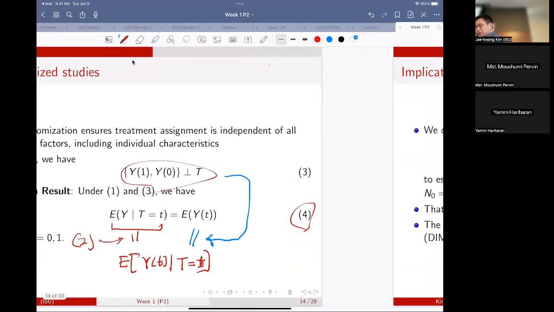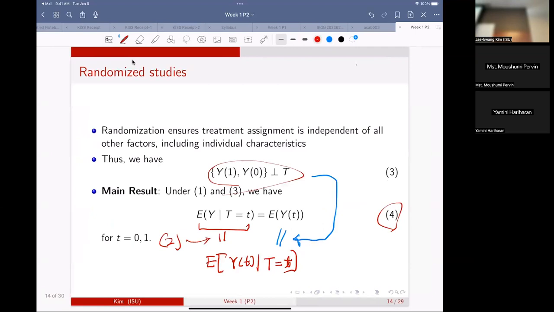The implication is that this gives us an idea of how to estimate the average treatment effect. We are interested in, for example, the expectation of y1. How should we estimate this?